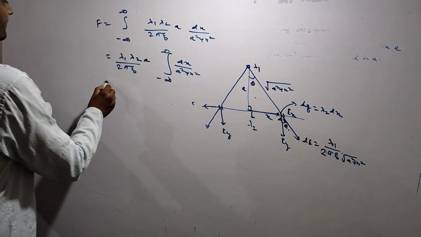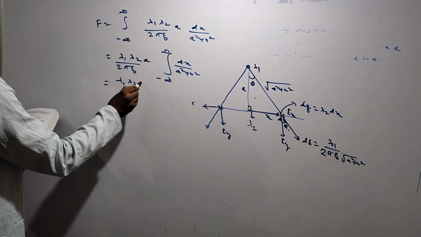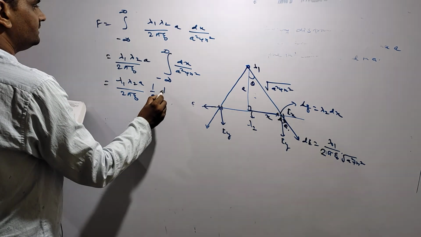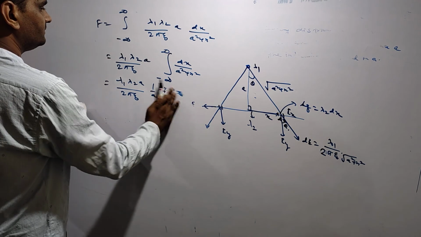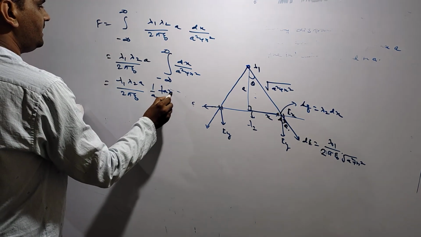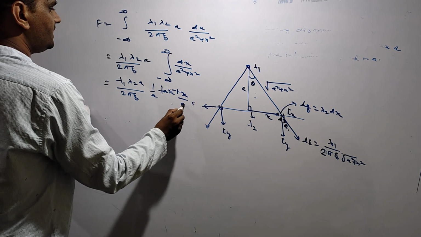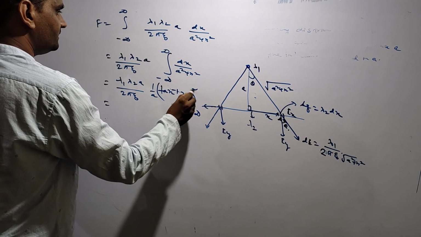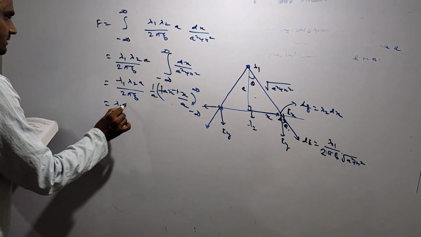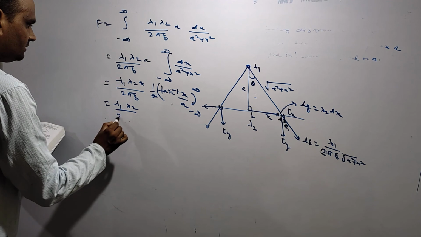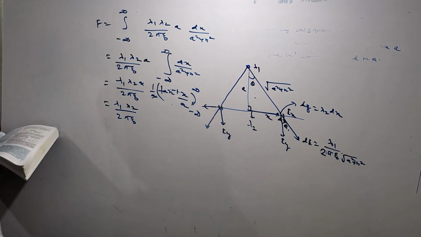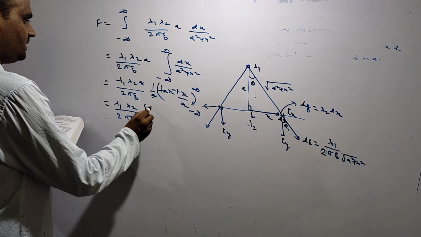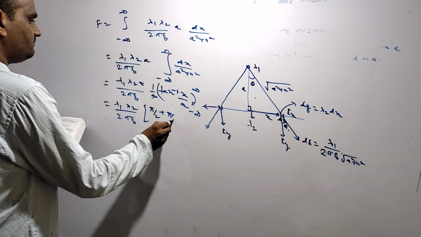And as you know, the integration of dx over a square plus x square is 1 by a tan inverse x by a, from minus infinity to infinity. Lambda 1 lambda 2 over 2 pi epsilon naught, and this is going to be pi by 2 plus pi by 2.